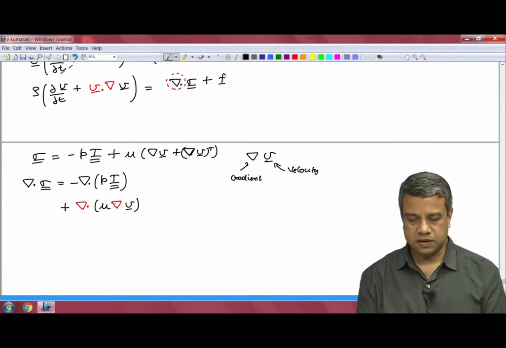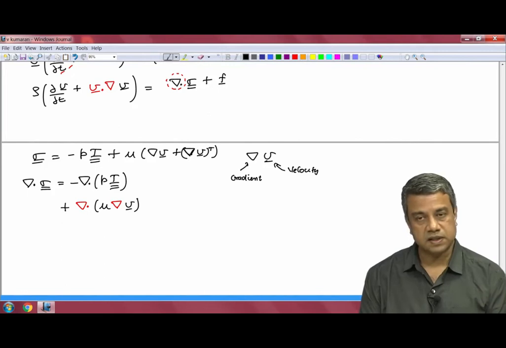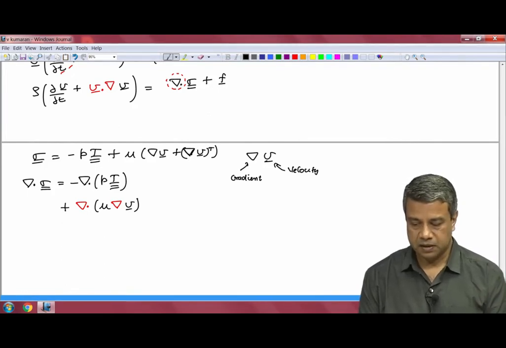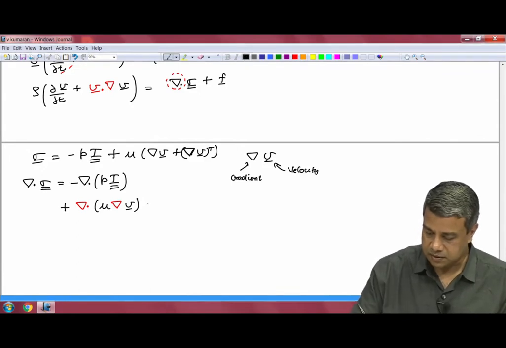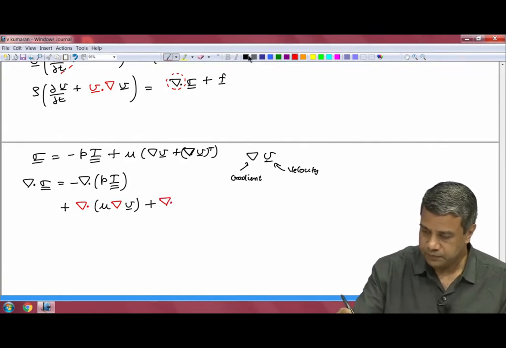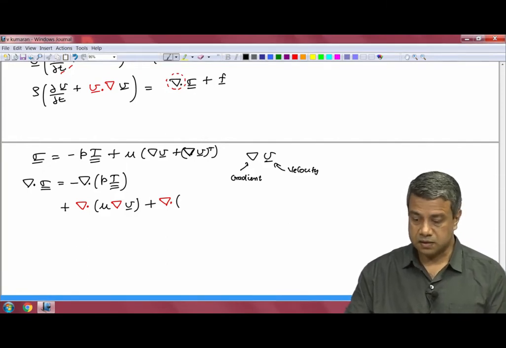Viscosity is a scalar. In this case, you are taking the divergence with respect to the first index. When you take the divergence of the transpose, you interchange the rows and indices.